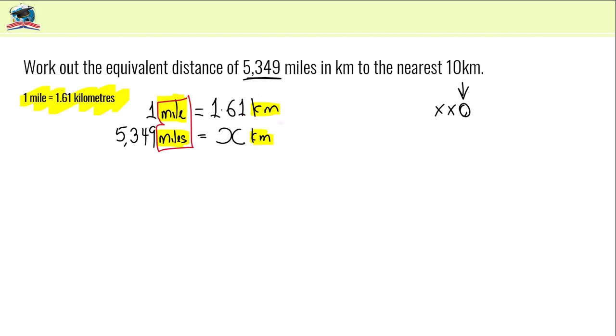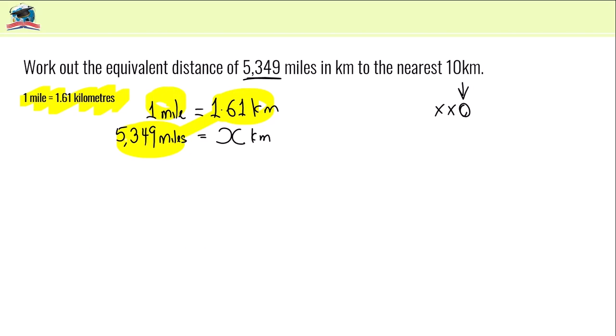Good. I think we can even remove this, out of the way. So what do we do now to find kilometers? We're going to use the cross multiplication method, which is this one times this one, and then divide by this one.